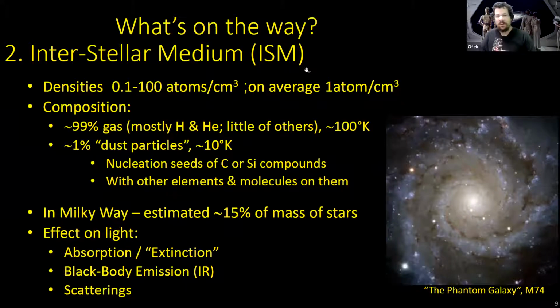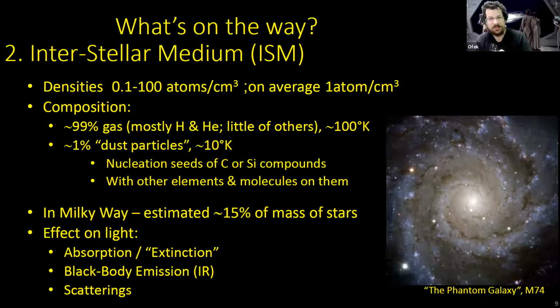Okay, the interstellar medium, or the ISM, is another source of opacity or dimming for light coming from other stars, from far away. Typical densities of the interstellar medium can be quite low, from fewer than 1 atom per cubic centimeter up to maybe 100 atoms per cubic centimeter. The average interstellar medium density is about 1 atom per cubic centimeter.